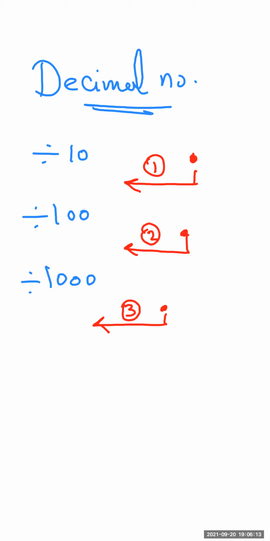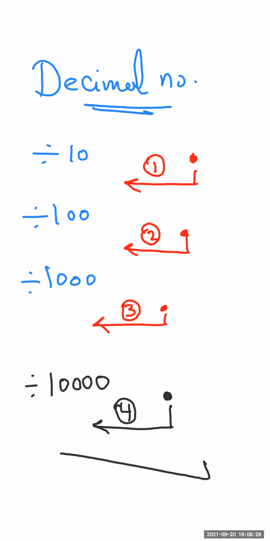So this means if we want to divide by 10,000, we can simply say that the decimal point will move to the left, but this time 4 places. Any questions? Mister, can you repeat it?